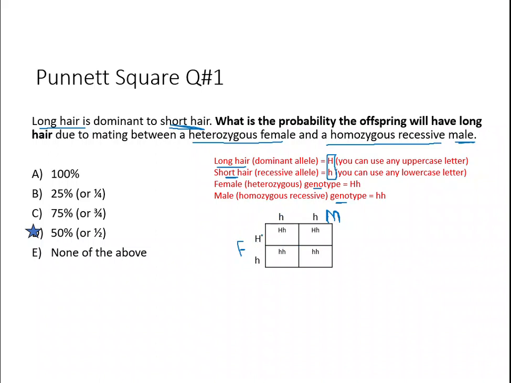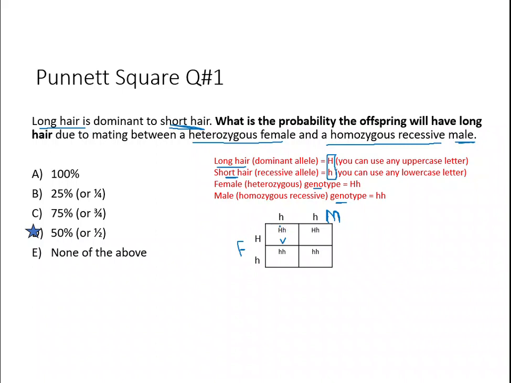So, of course, we have the uppercase, the dominant allele, going with the recessive allele. Same thing here. And here we have two recessive alleles and two recessive alleles. So you complete the Punnett square and then interpret it. Looking at this, in the first box, we have the dominant allele being expressed.